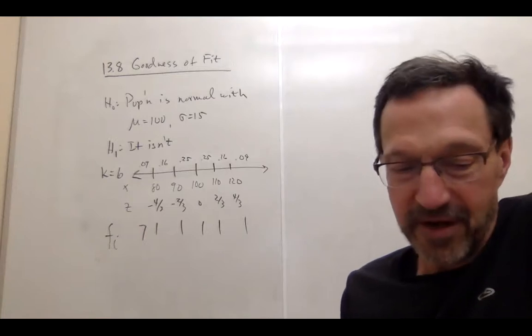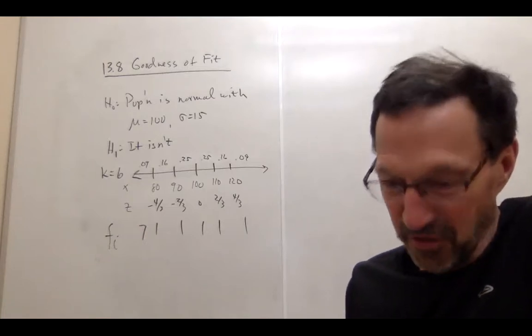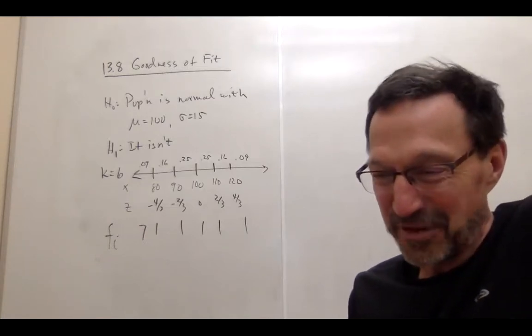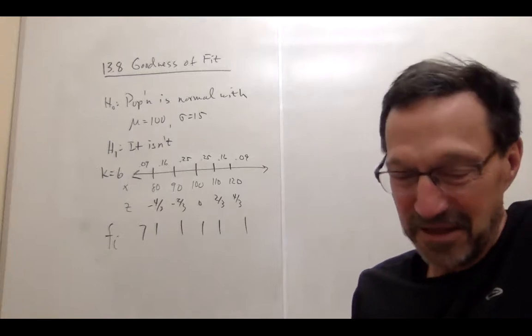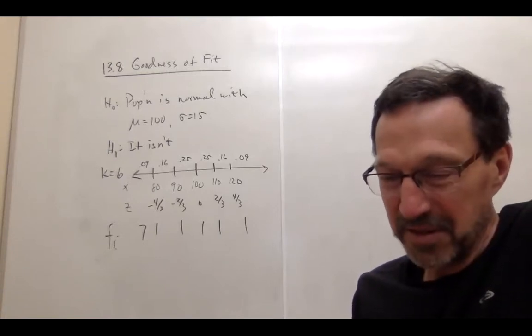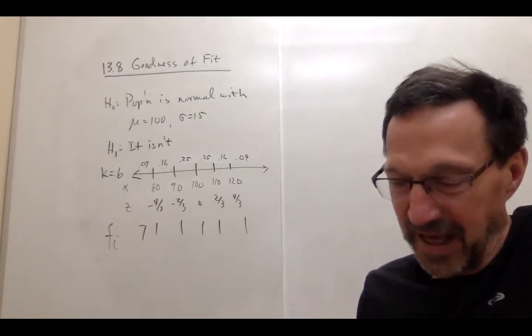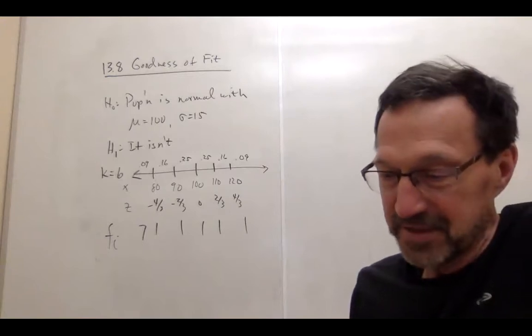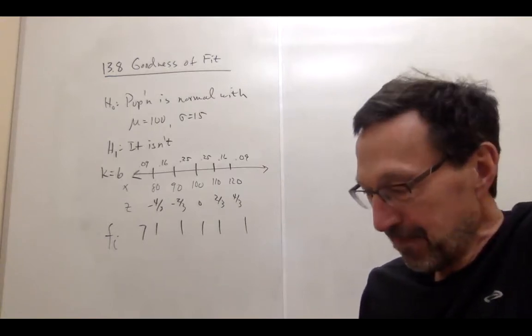I think the goal for IQ is to have it normally distributed. I think it's not surprising that intelligence in the human race is probably normally distributed. And then the test is calibrated, so the mean is 100 and standard deviation is 15.